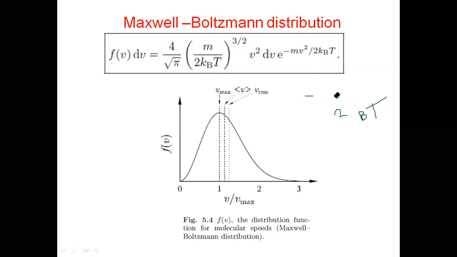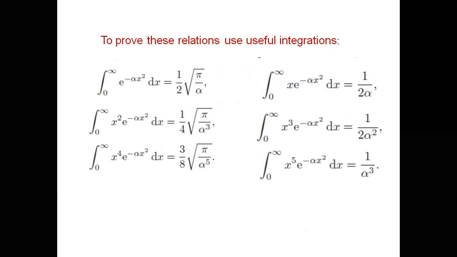In this case, after we simplify this, we can use this relation, the integral of x squared e to the minus alpha x squared dx. Alpha to the power 3 over 2 is a constant, so it is outside of the integral.